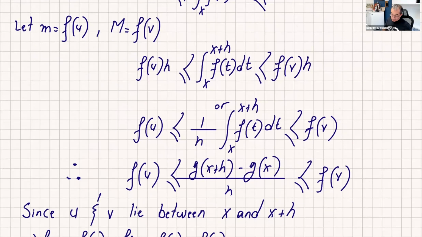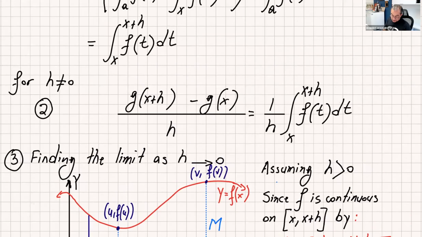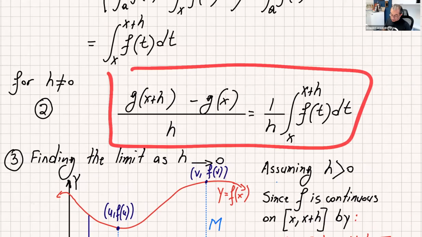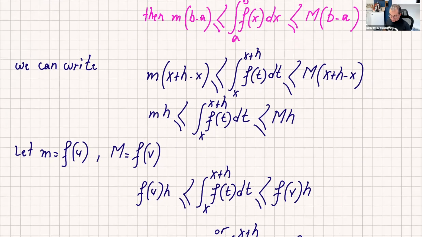But what is that? We know that was just the expression g of x plus h minus g of x over h, and we saw that in the beginning of the proof. So all I did was substitute that expression right here.